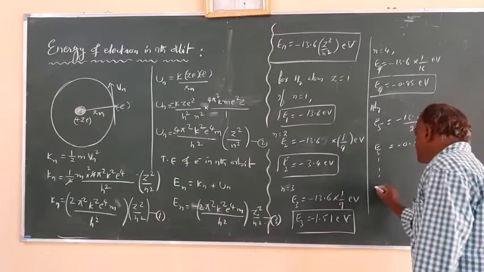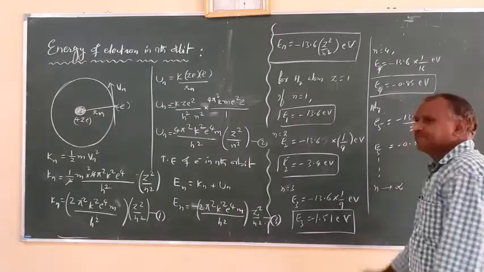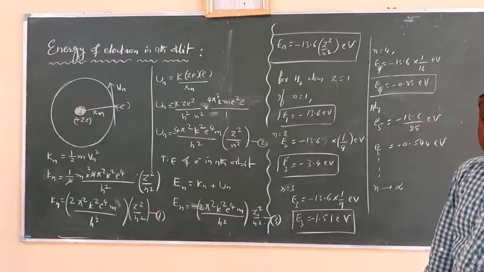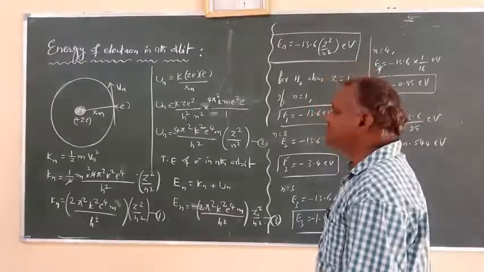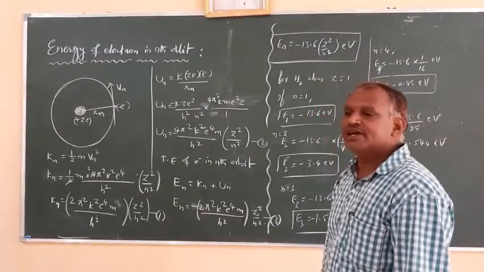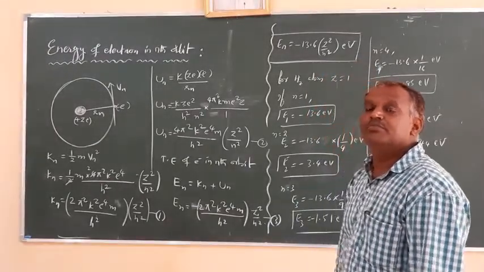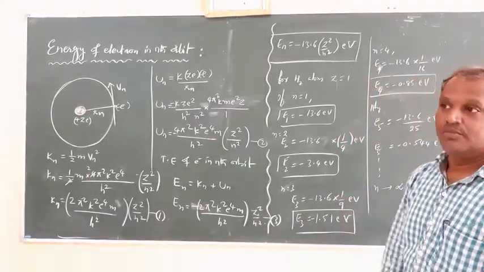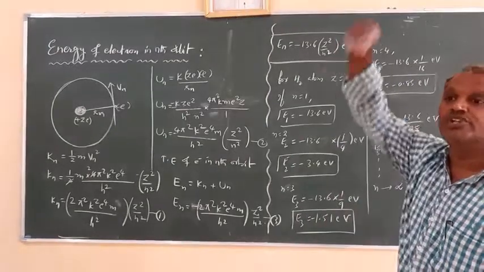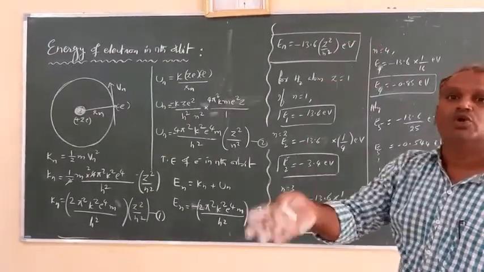If n tends to infinity, then the energy becomes 0. That means 0 represents the maximum potential energy. The kinetic energy will be 0, but potential energy is maximum, which is equal to the total energy.